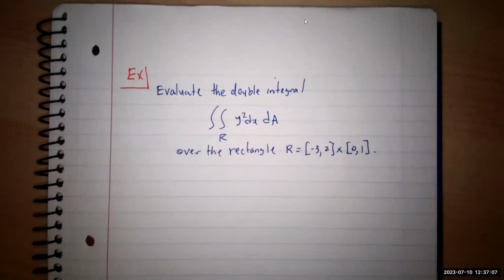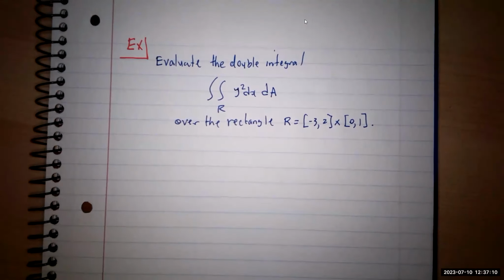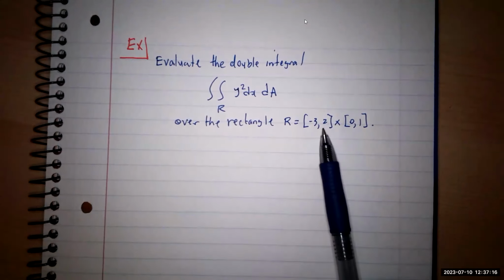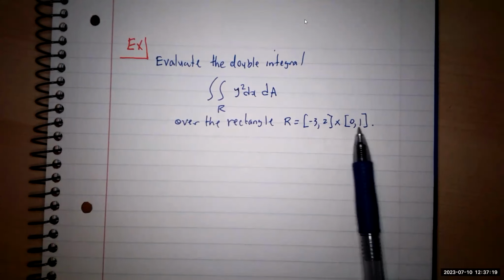See, that's it. So you must know that this means x is between -3 and 2, and y is between 0 and 1.